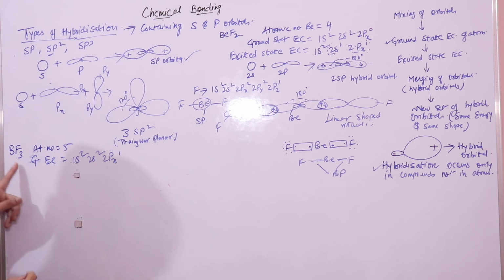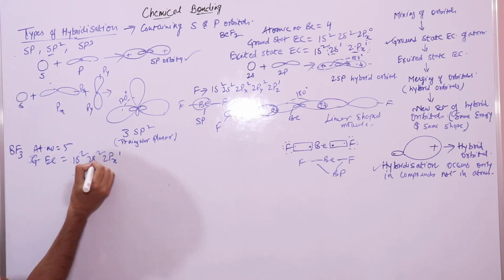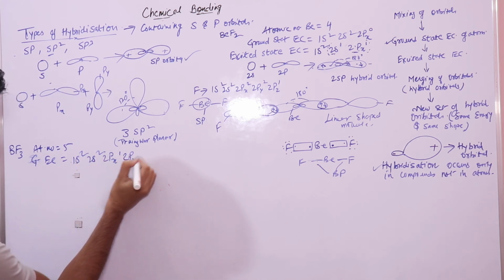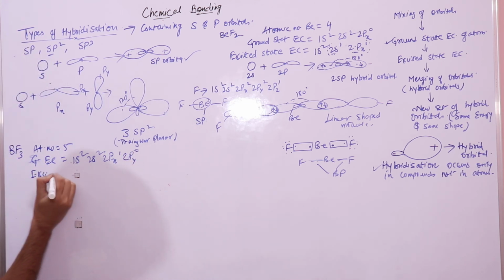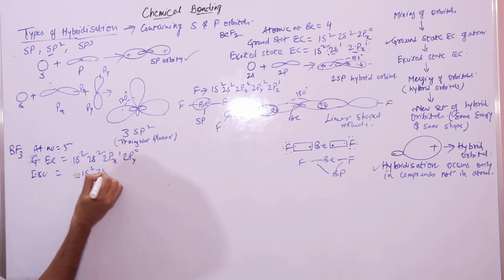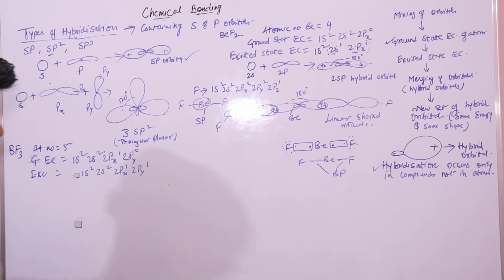And when boron trifluoride forms, when fluorine atoms come close to the boron atom, energy would be released. That energy would be used to move one electron from the 2s orbital to the empty 2py orbital, right? So the excited state configuration would be 1s2, 2s1, 2px1, 2py1, right?